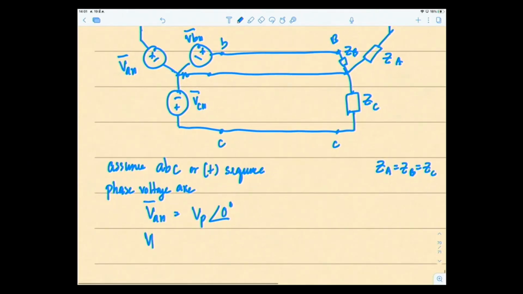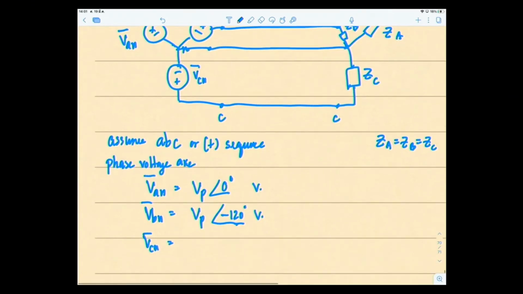VBN is equal to the same magnitude, but the angle is minus 120 degrees, and VCN is equal to V phase at positive 120 degrees. So these are the phase voltages.